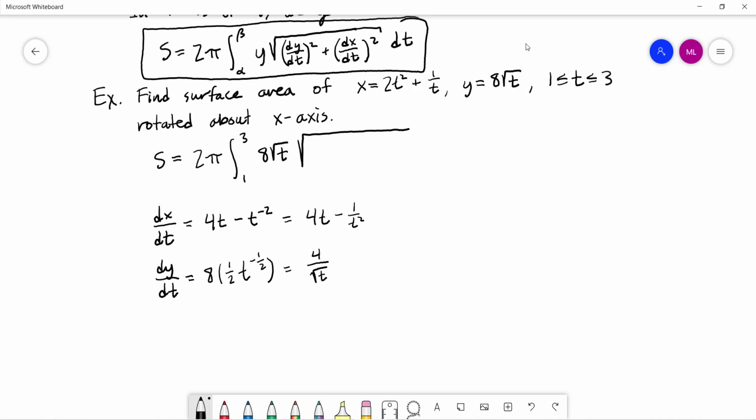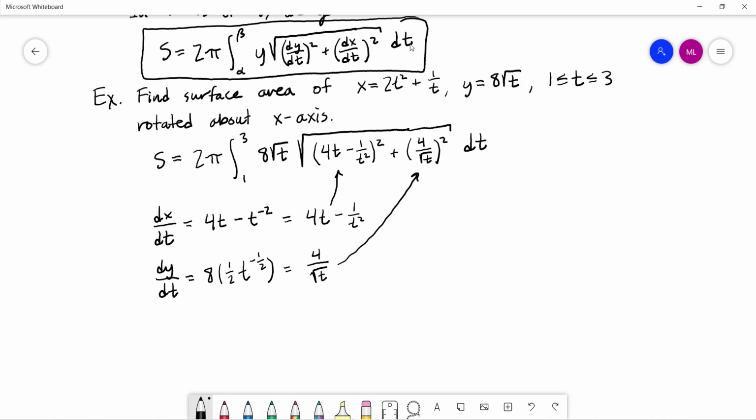So I'm going to have my 4t minus 1 over t squared, plus 4 over the square root of t, squared, dt. So I've simply plugged this right here into our formula in those two positions. And I guess I got them mixed up. Either way, dx/dt squared, dy/dt squared. I changed the order compared to this one. Doesn't matter.